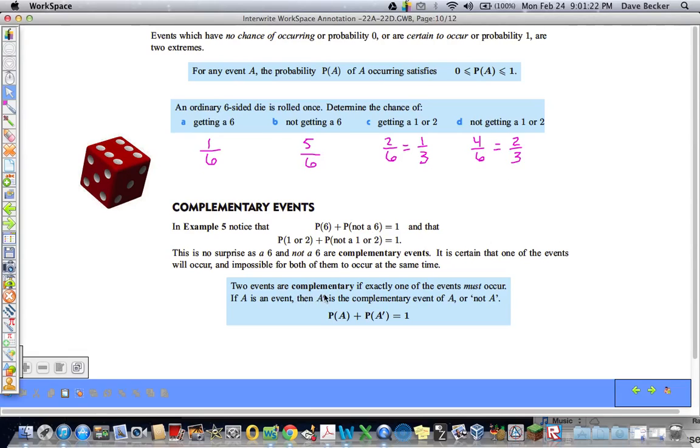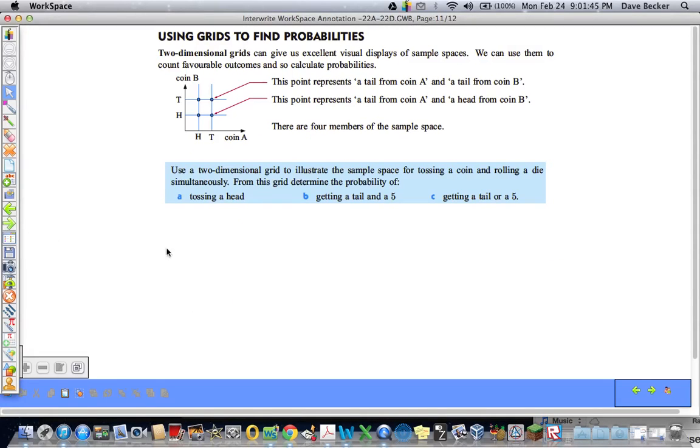Two events are complementary if exactly one of the events must occur. If A is an event, then A prime, or its complement, is the complementary event of A, or not A. So the probability of A plus the probability of not A is always going to be equal to 1. That can be helpful.